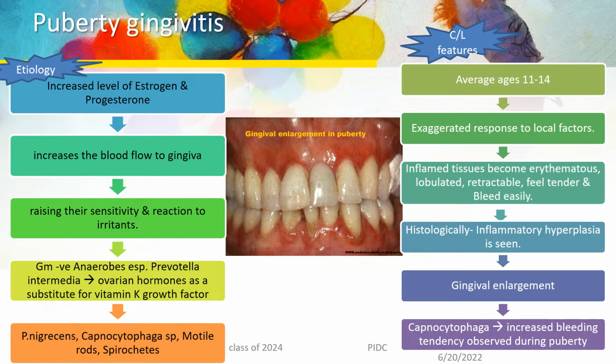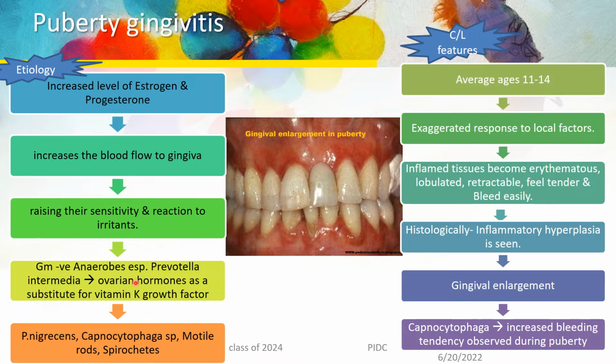So generally, pubertal gingivitis, why does it occur? It is seen that during the pubertal time there is an increased level of estrogen and progesterone. Because of this, there is an increase in the blood flow to the gingiva, and this raises their sensitivity and reaction to the irritants. Not only that, you do have gram-negative anaerobes such as Prevotella intermedia, which uses the ovarian hormone as a substitute for vitamin K growth factor.